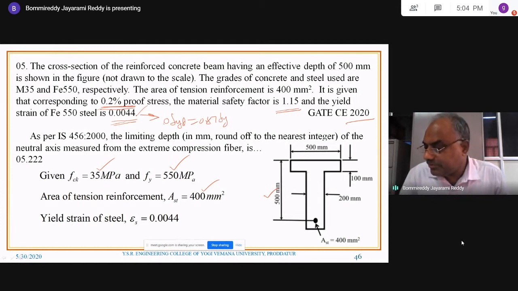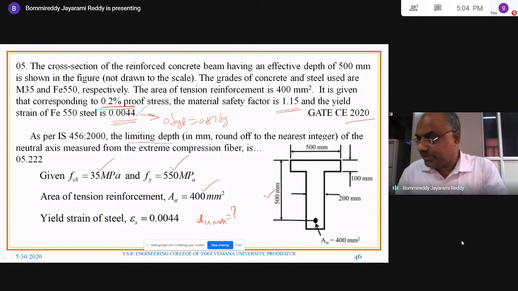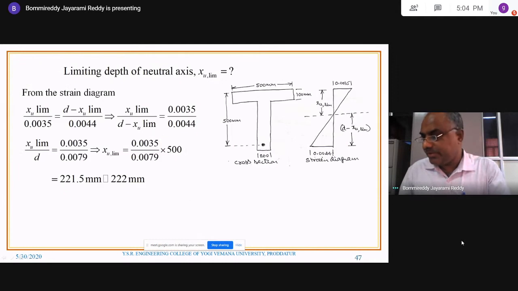As per IS 456, limiting depth of the neutral axis measured from the extreme compression fiber. Limiting depth means the question is, what is XU maximum? That's the question.